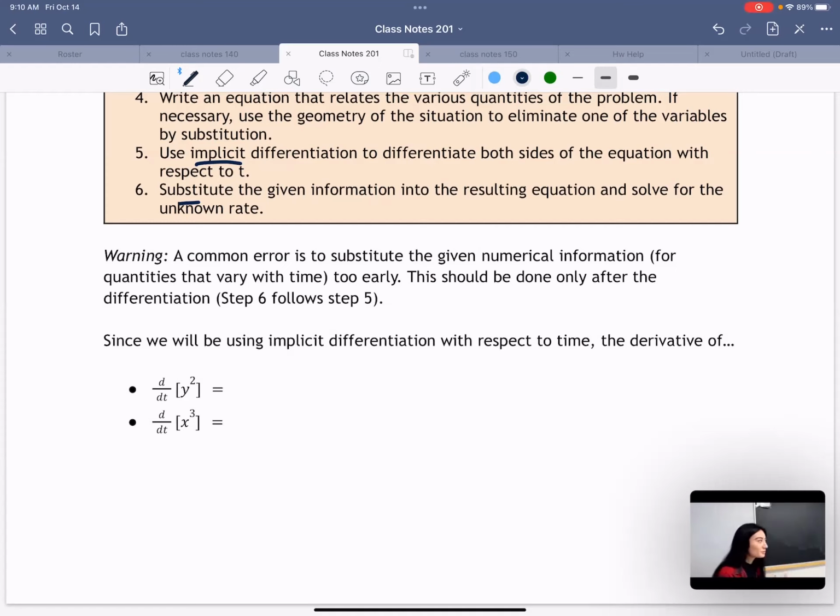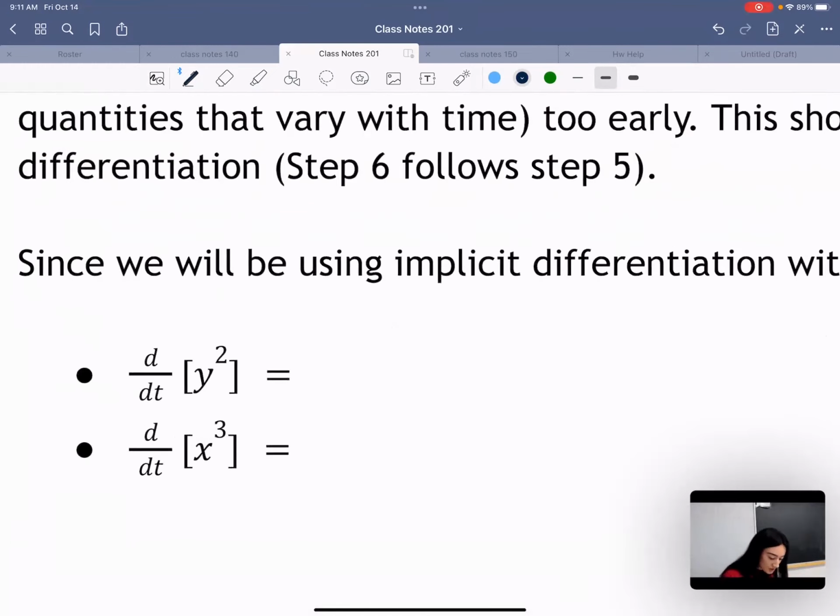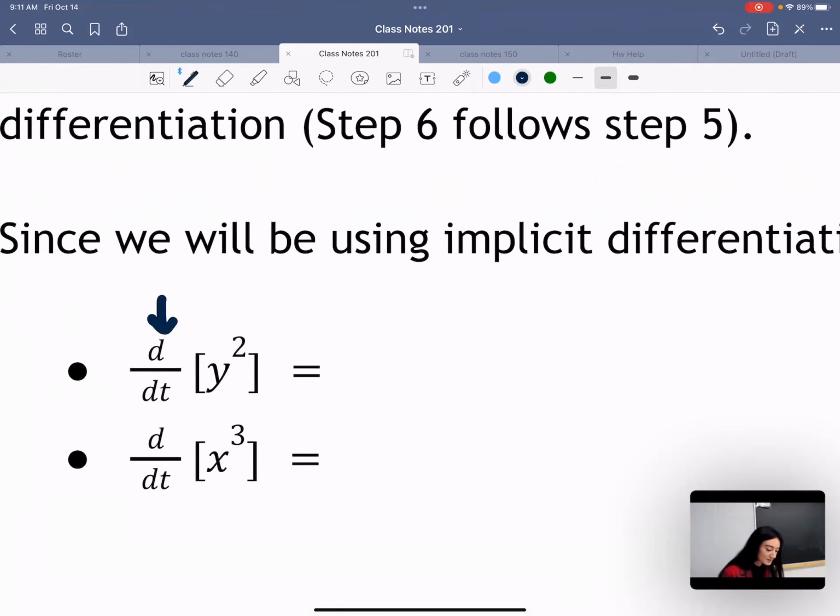So the variable we're differentiating against is going to be time or t, okay? On Wednesday, I gave you functions that were functions of x. Okay, so we found dx of functions, and that's how implicit differentiation worked. If we're dealing with a derivative with respect to t, we're going to find dt and not dx.